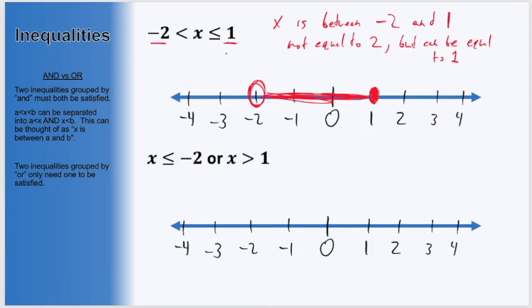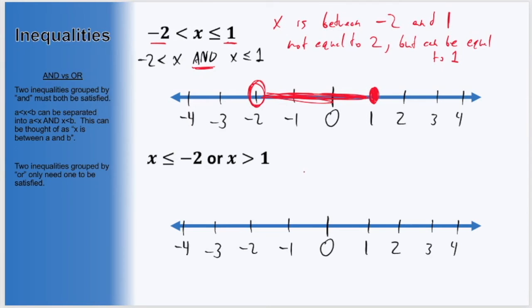Another way we could think about this is to separate this string of inequalities into separate inequalities. In this case, we would have -2 less than x and x less than or equal to 1. If we separate them like this, the "and" is important, as it reinforces that both of these inequalities must be satisfied.